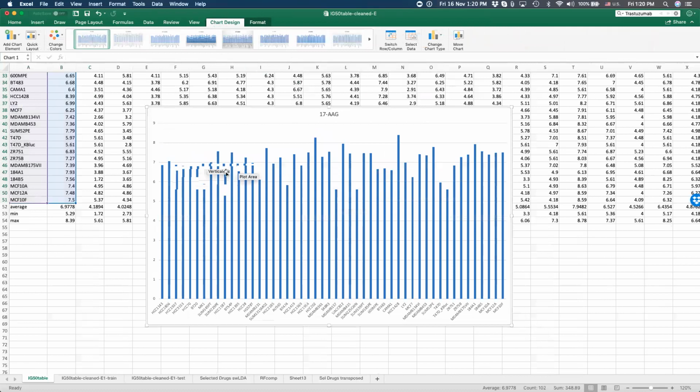For example, for KAMA1 and HCC 1428, the IG50 value is high. A high IG50 value would mean that it is more effective. A low value, like here for HCC 1187, would mean that it's not very effective.